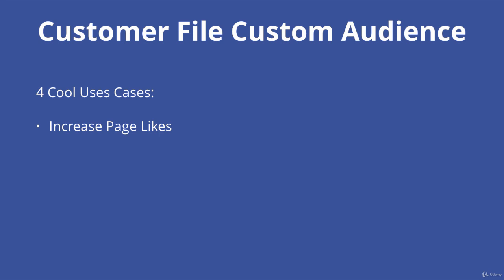You probably have people on your email list or on your customer file who have not liked your Facebook page. You can use this new audience to run a campaign with that objective, and you can exclude people on that same campaign who have already liked your Facebook page who are on the list. So you're really targeting just people who haven't liked the Facebook page, and that's going to give you a huge boost in page likes.